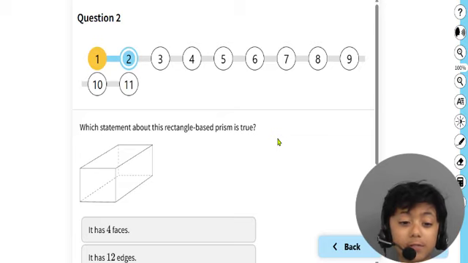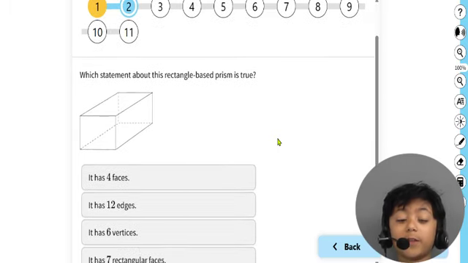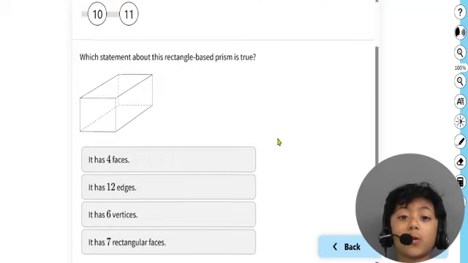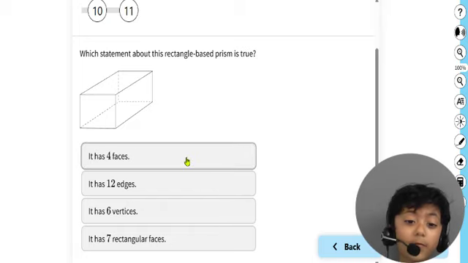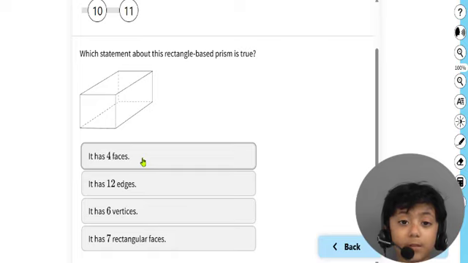Which statement about this rectangular-based prism is true? It has 4 faces, 12 edges, 6 vertices, or 7 rectangular faces. First option is it has 4 faces. Let's count the faces.